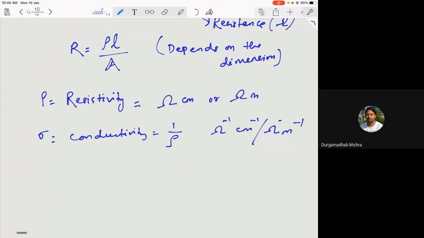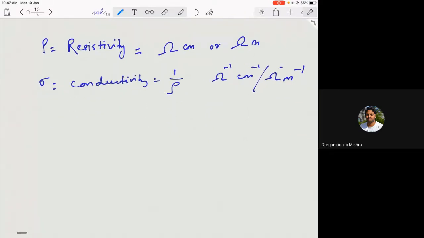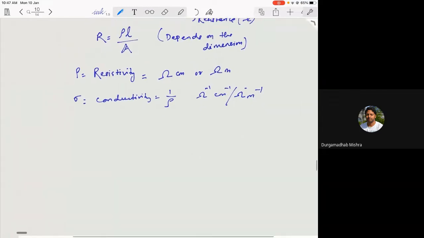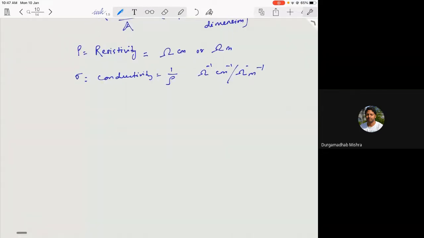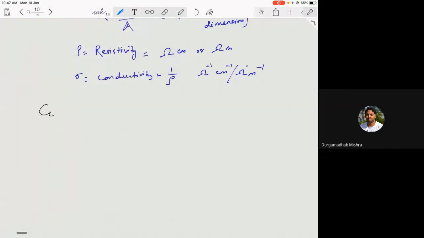Now let's look at certain resistivity values of materials. If I take, let's say, copper, the resistivity of copper is 1.68 into 10 to the power minus 8, and we are writing all the units here in ohm meter.